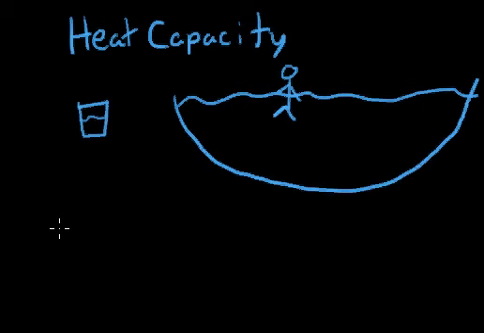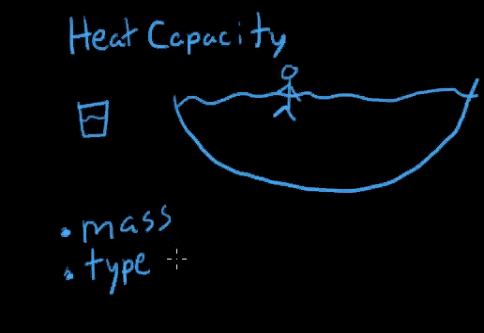And heat capacity depends on two different things, and I hope by this demonstration you realize that mass, or the amount of substance, is one of the big factors that affects the heat capacity. But the second one is the type of substance. I think all of you have boiled a pan of water and realize that that pan of water takes a lot of time to heat up.